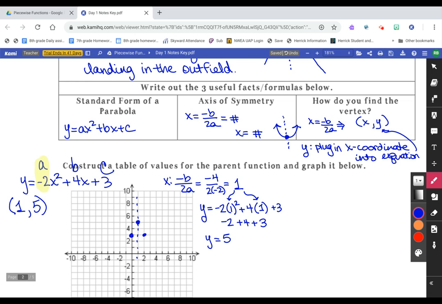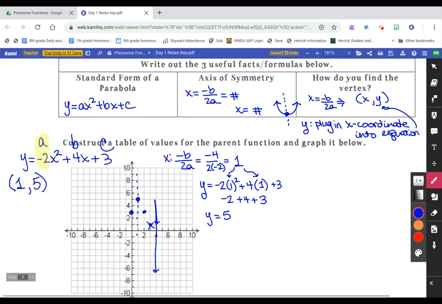For a parent function, if it were to open down, you would go to the right 2, down 1, 2, 3, 4. That's not going to be correct because we are vertically stretching it by 2. So instead of dropping down 4, we're actually going to double that and drop down 8. So for our second point, let's get rid of this one.